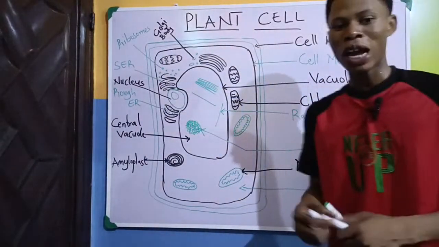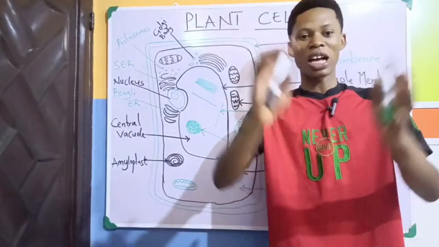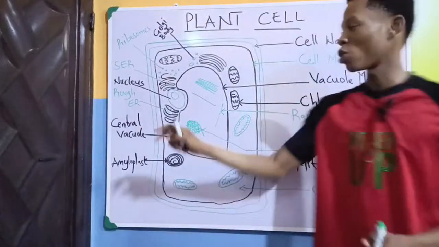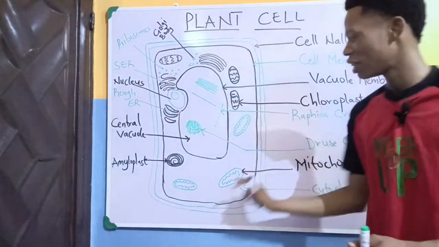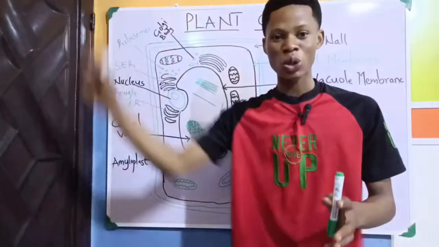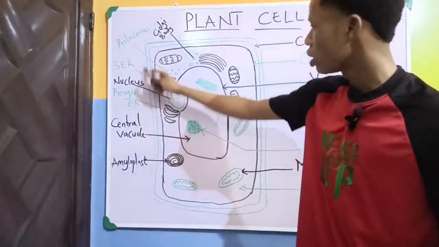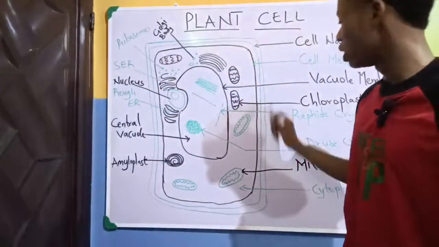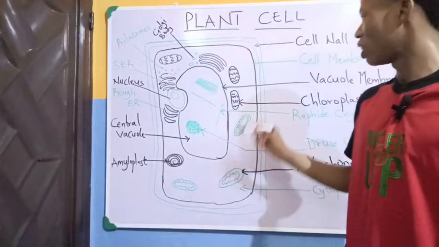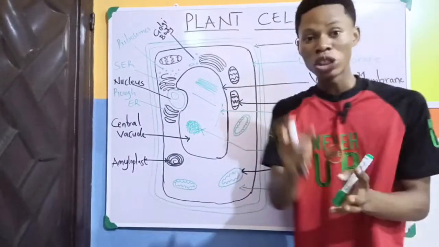Now, the cell wall is like a fence surrounding the cell. So that's the outermost boundary of the cell.